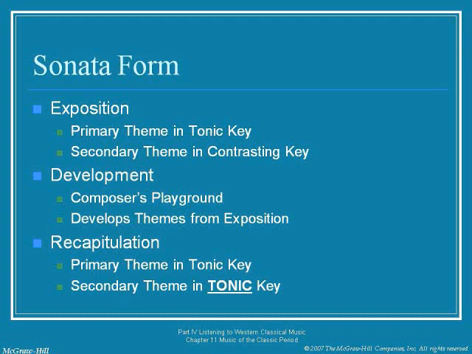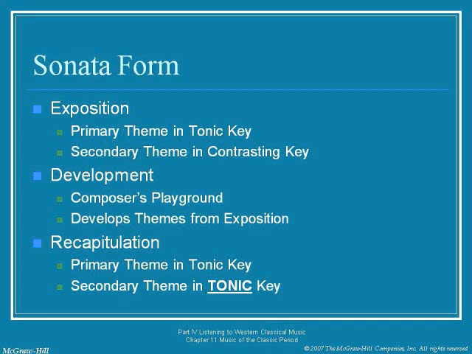Now, a lot of times you will have an introduction, which is not necessary to make it sonata form, but if you do, that's one more part to the form. And a lot of times you'll have a coda. Coda is just an ending, and it could come after the recapitulation.